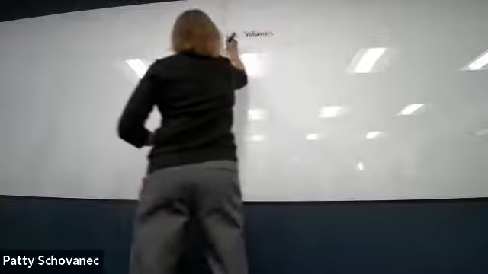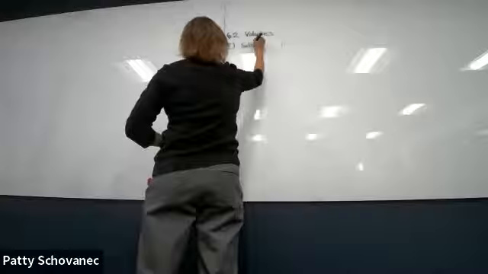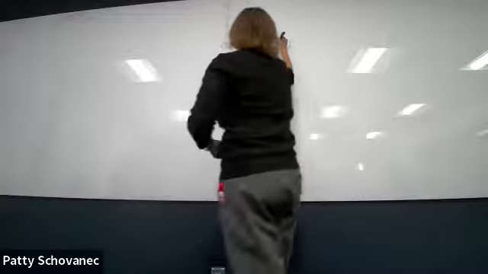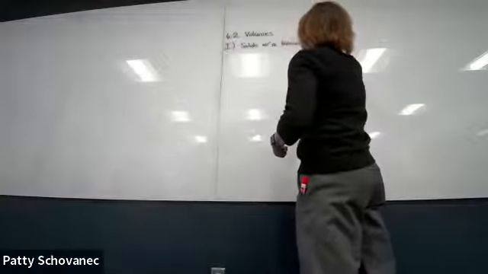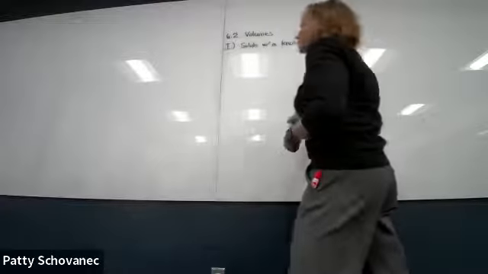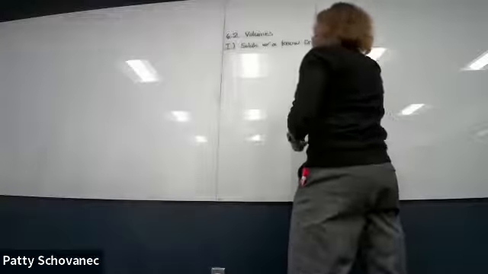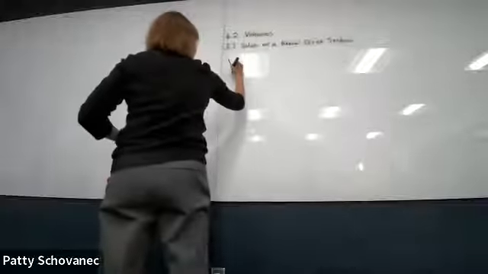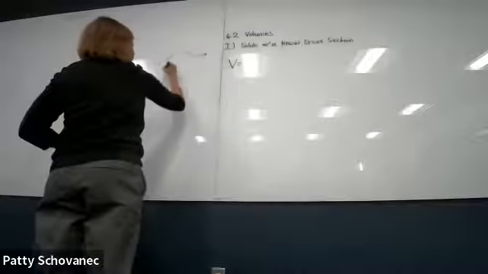So the first one was solids with known cross section. The idea was that we look at our slice. We've got some sort of region in the XY plane.